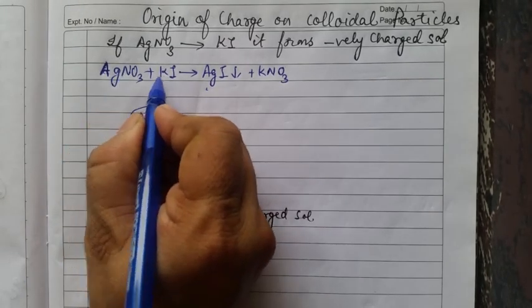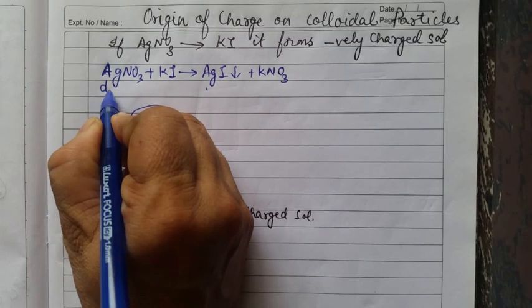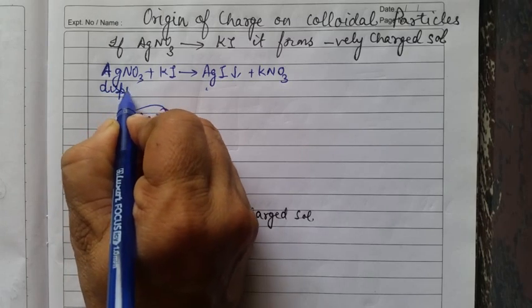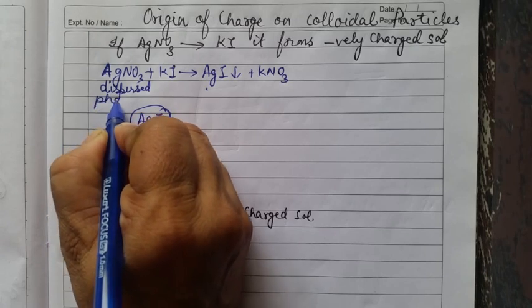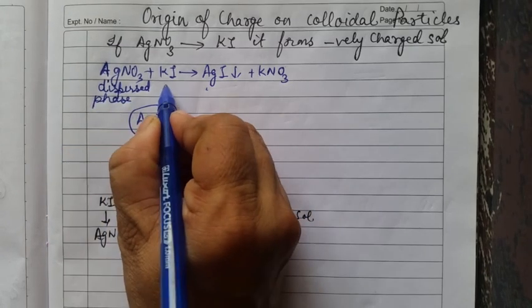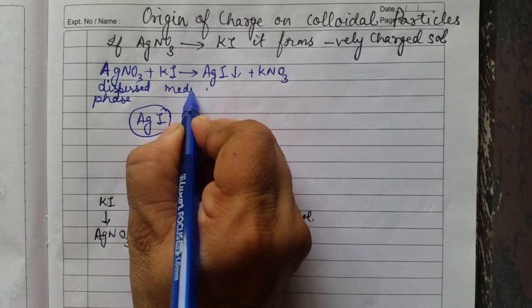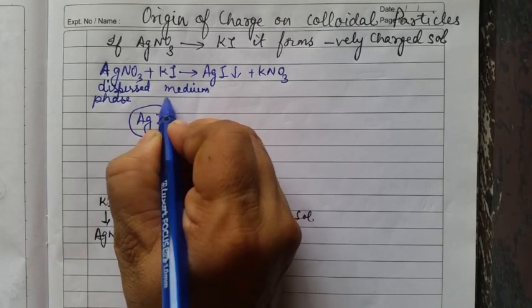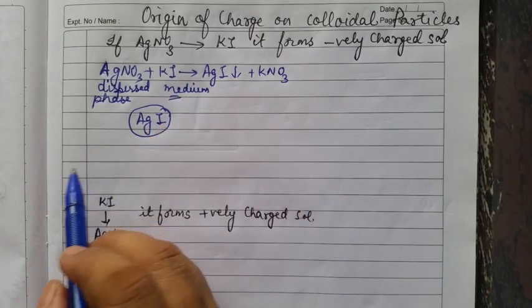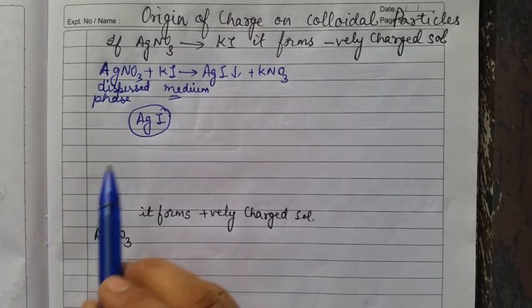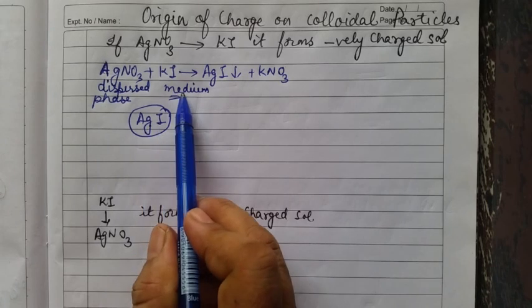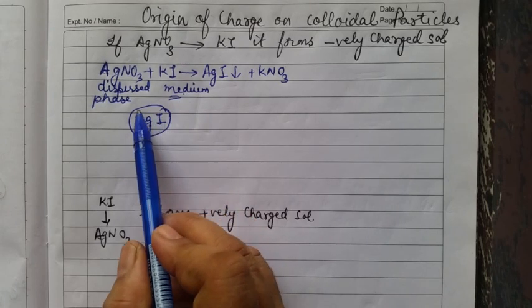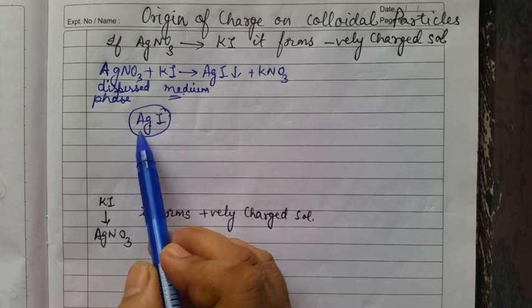Since this is added to potassium iodide, this is our dispersed phase, and potassium iodide is the dispersed medium. As I said in earlier sessions also, what is common between the precipitate and the medium will be adsorbed on the precipitate.